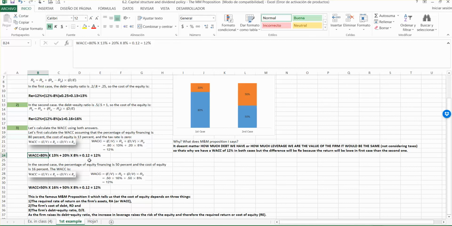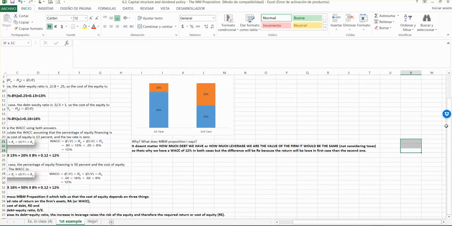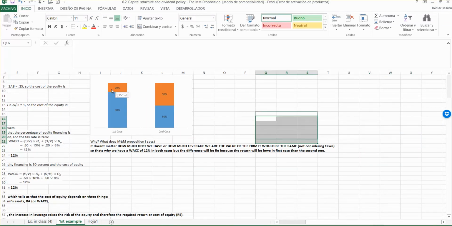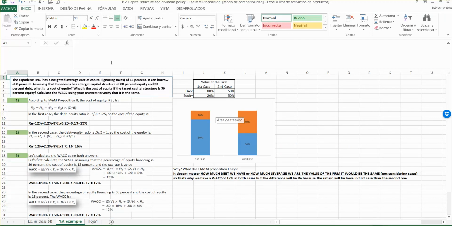What is this? 80% is our equity, multiplied by the return on equity, plus our debt multiplied by the percent of the loan.